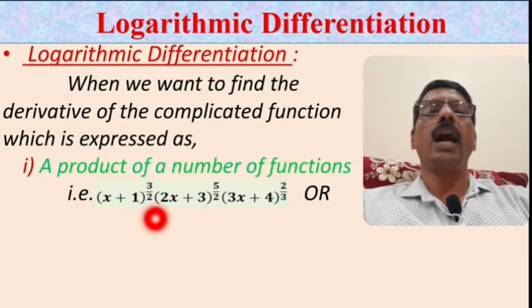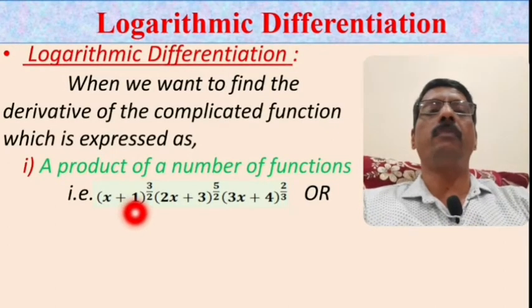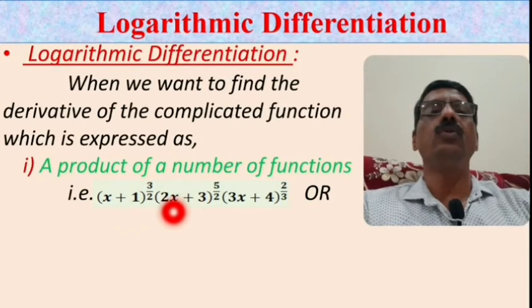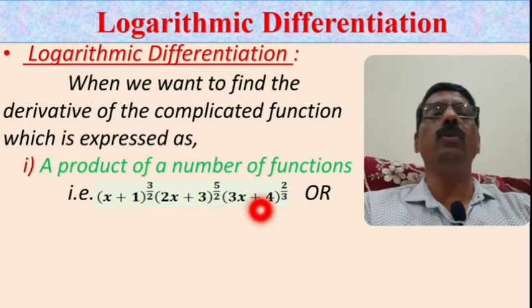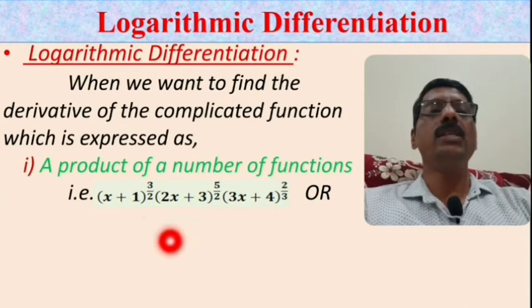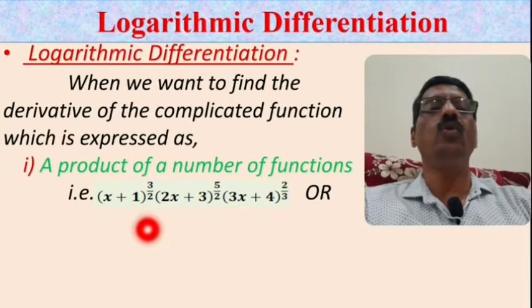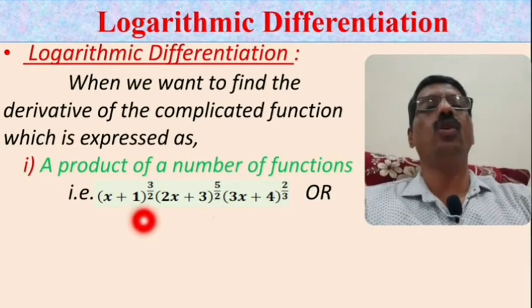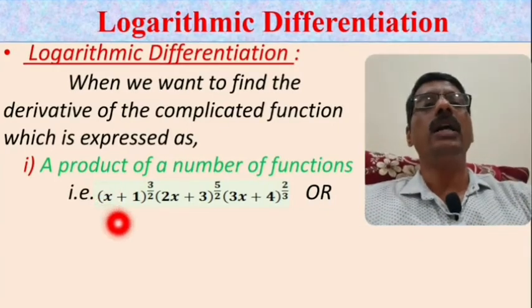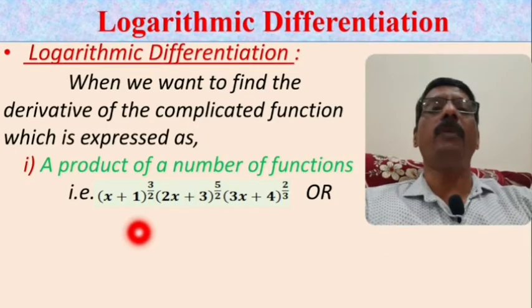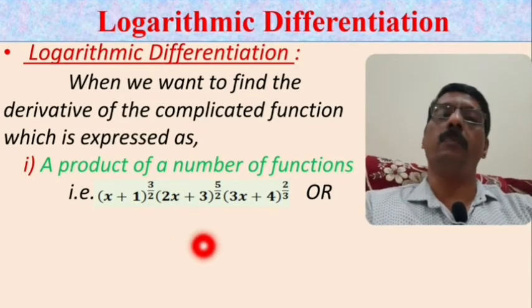Here the first term is u, into v, that is (2x plus 3) raised to 5 upon 2, into w, that is (3x plus 4) raised to 2 upon 3. So the given function is in u into v into w form, the product form, and each factor is in exponential form. Then you have to apply logarithmic differentiation.